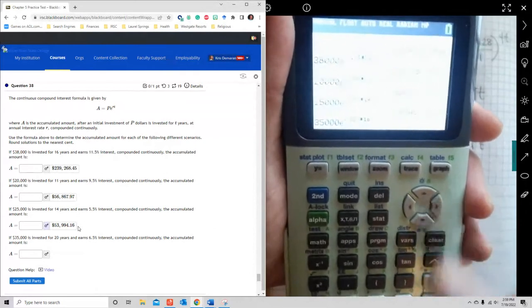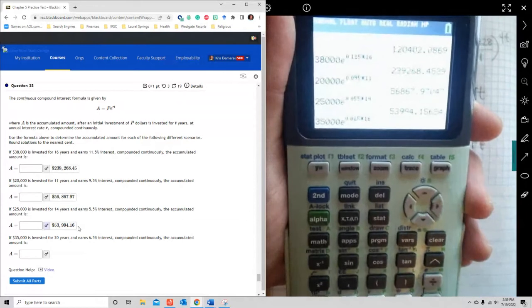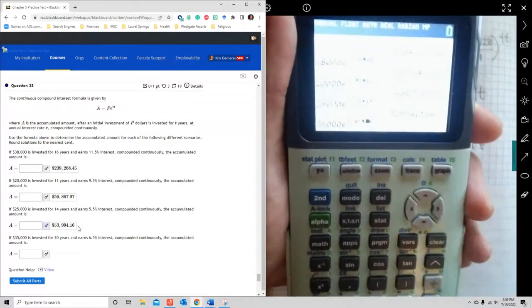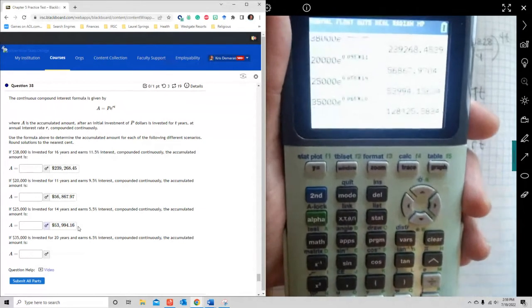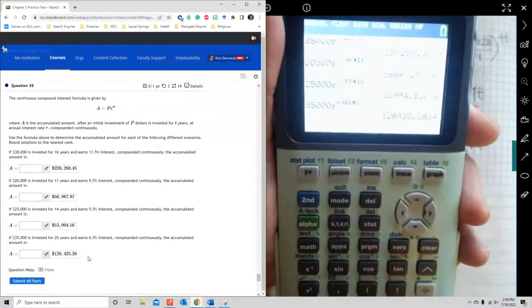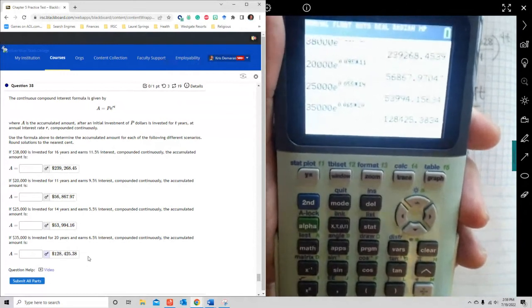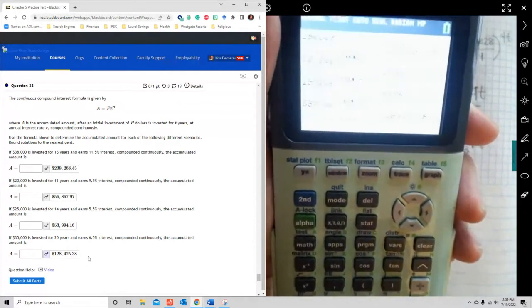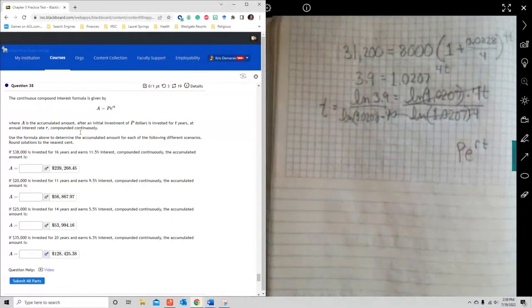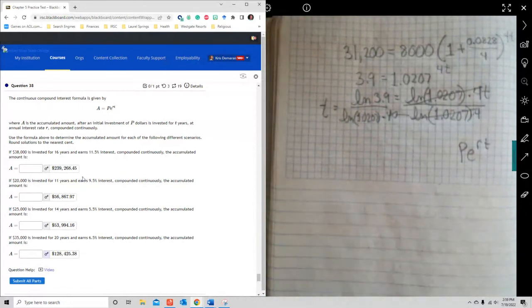And then I change it to 0.65 for the percentage, and then 20 years. I'm going to change that to 20 and then enter. And I get the same exact answer. All right, you saw how fast I did that. That was pretty quick. Even though there's a lot of parts to it, it's not that hard.